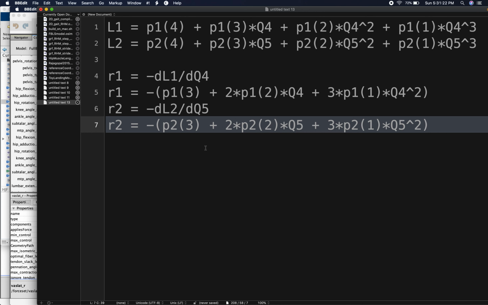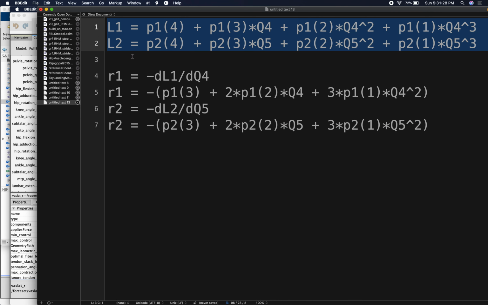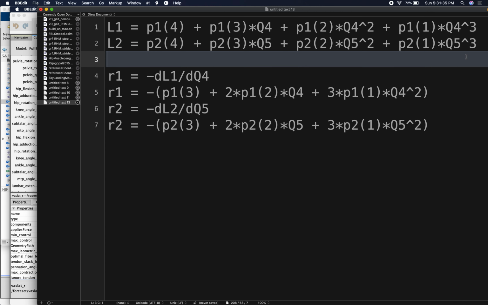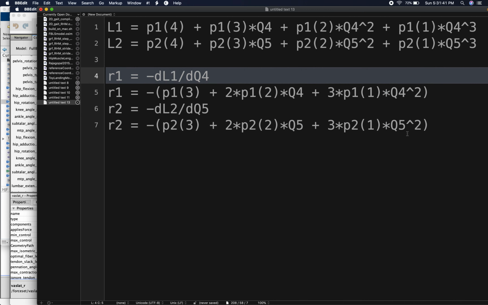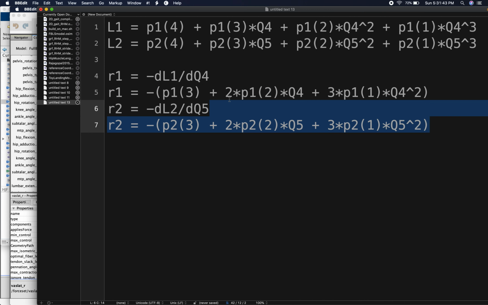Okay, so something to note here is that the order of the fit that you do for your polynomial function of length, whether it's a first order, second order, third order, fourth order polynomial, also is going to determine the order of your moment arms. Specifically, you lose 1 order of complexity in your polynomial with every derivative that you take.